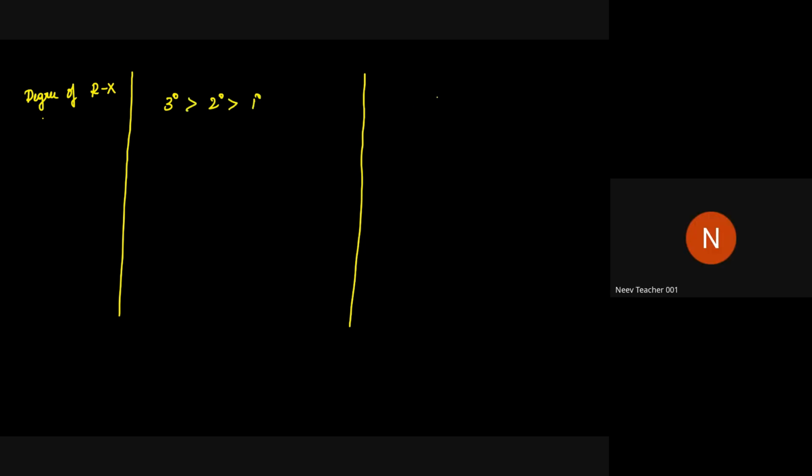For SN2, it is the other way around: 1 degree, 2 degree, 3 degree. What is the reason for 1 degree being faster in SN2? Steric hindrance. The nucleophile has to attack from the opposite direction, and if there are more alkyl groups, it becomes difficult for the nucleophile to attack. So the reason is steric hindrance.